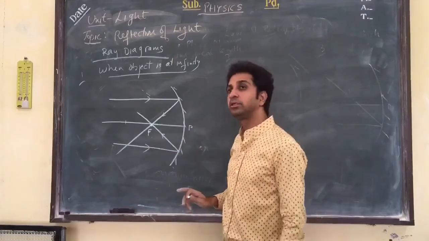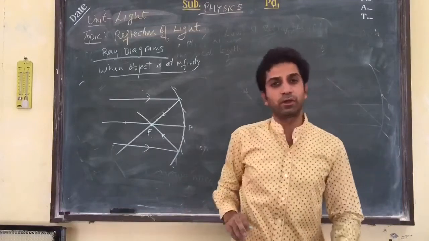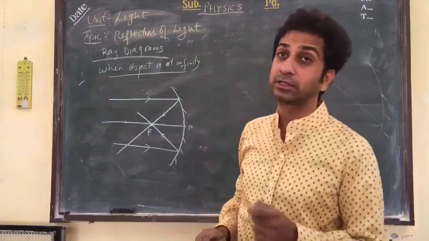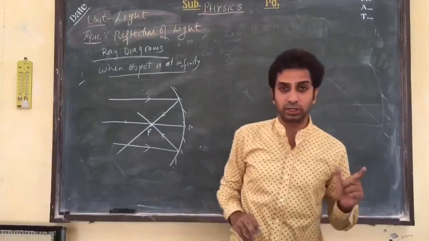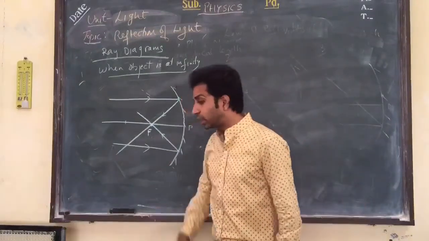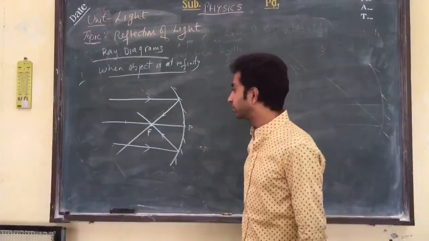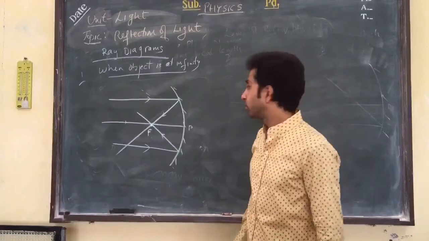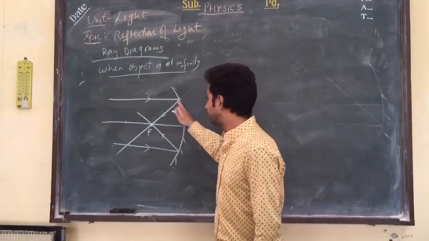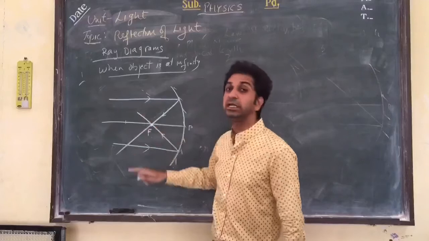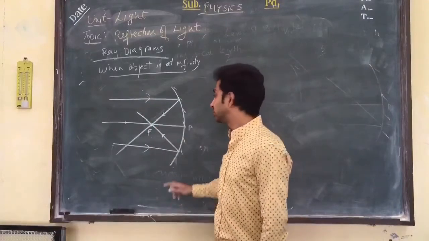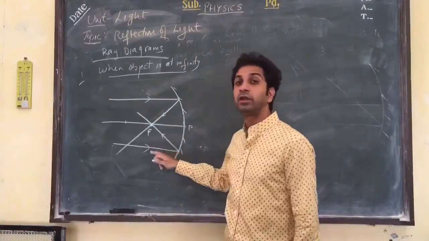The final image, we will assume the image will be formed whenever the two reflected rays meet or intersect each other. So in this case, we will say the image will form at point F, and also the reflected rays are actually intersecting each other. So this is the example of a real image.